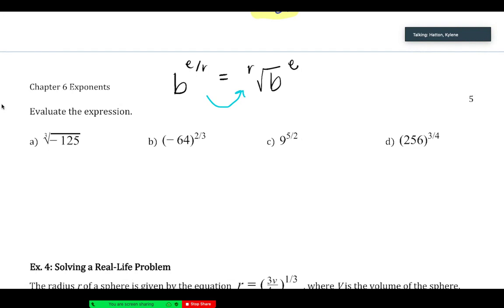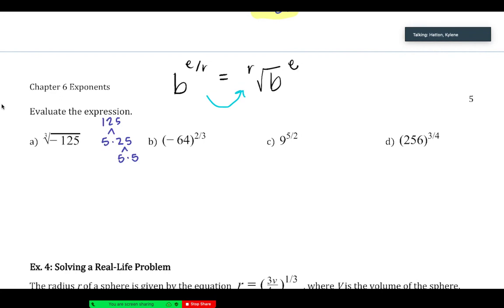It's there for you. So if I'm not sure what number times itself 3 times equals 125, set up 125. I know that anything that ends in a 5 is divisible by 5. So 125 divided by 5 leaves me with 25. So I know 5 times 25 must be 125. And 25 breaks down into 5 times 5.